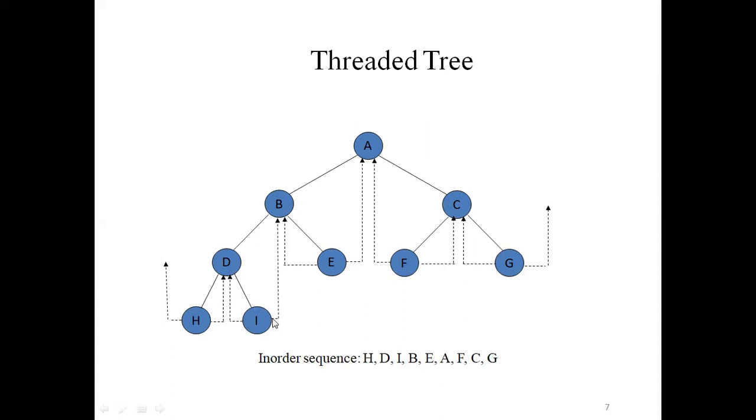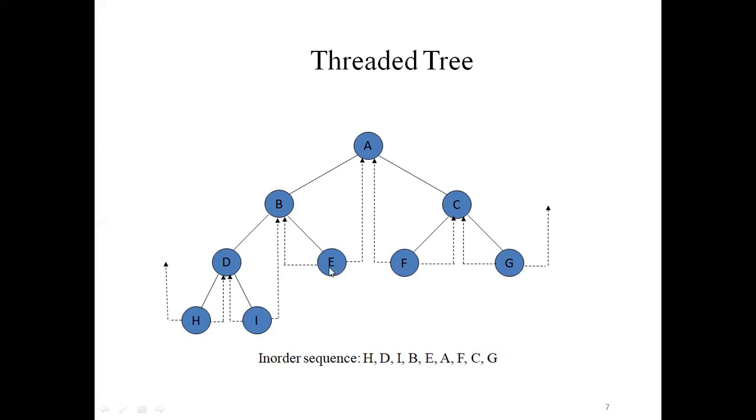Now for node I, the right field is also null because it doesn't have a right child. So the right null pointer will be replaced with the inorder successor of that node. For node I in the inorder sequence, node B is the successor. So the right field of I will hold the address of its successor node, node B, instead of null.